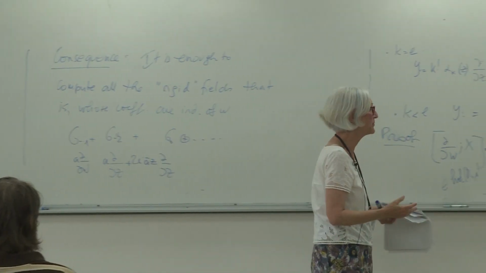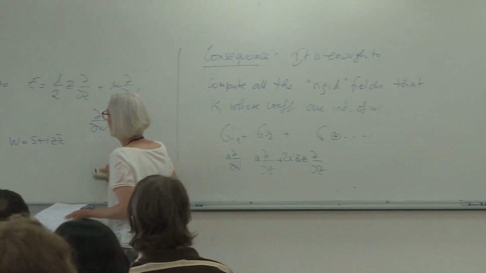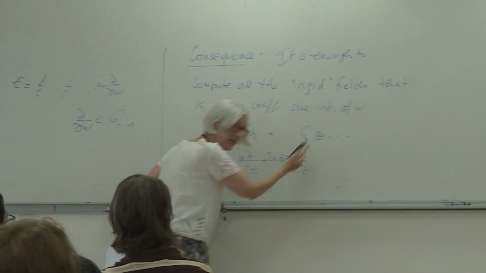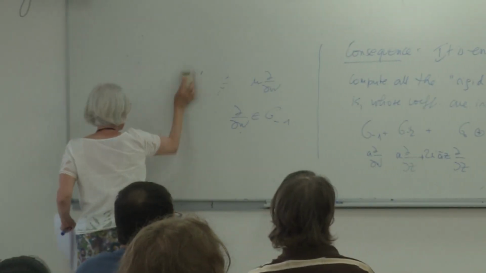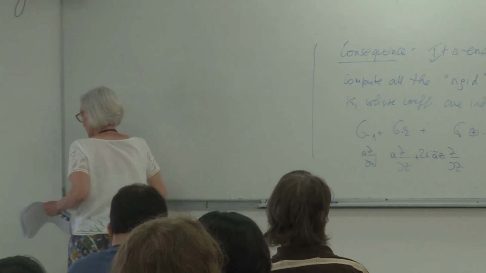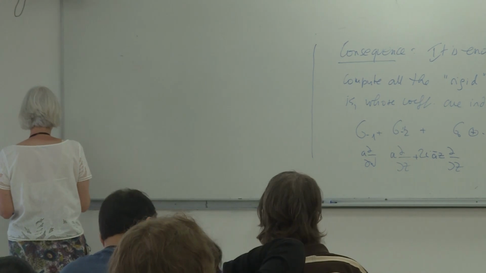So we first compute what happens if you have a rigid vector field of weight bigger than 0, because we computed until 0. But here, what happens? So take your favorite mu and z. So what will be the form of such a field?